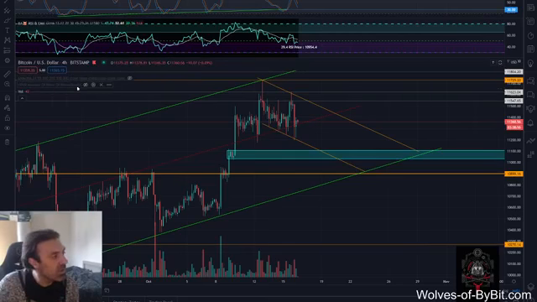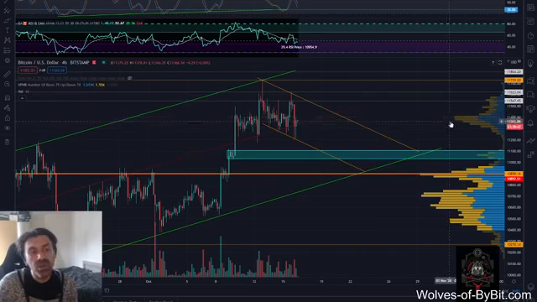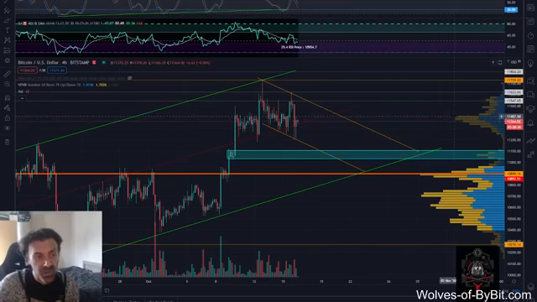Let's have a look at the volume profile, because volume profile also tells us a lot. Right here we can see that we are just below the node that's sticking out here. It served a little bit as a support, as a springboard to the upside. Having a large volume node doesn't mean it's support or resistance.